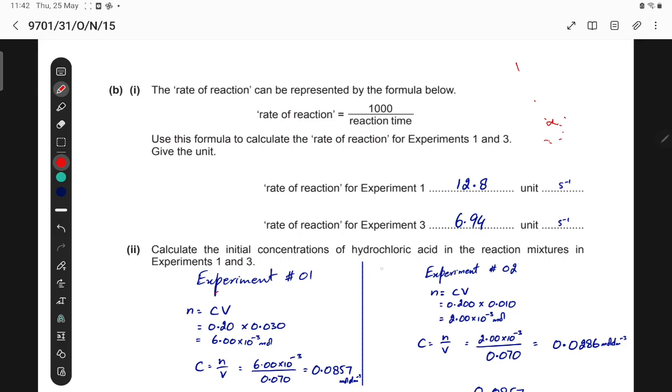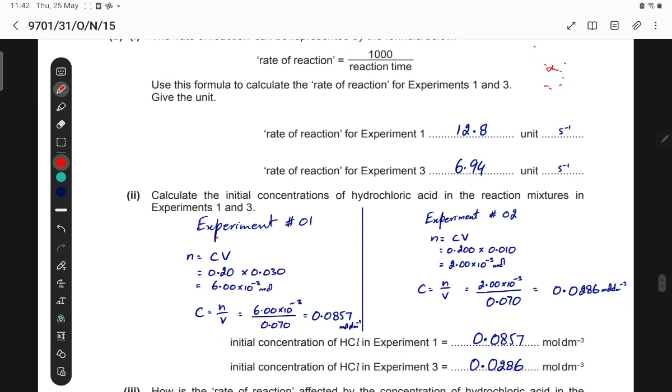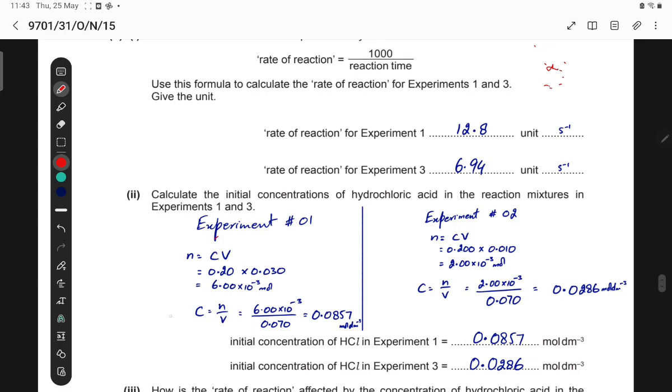Calculate the initial concentration of hydrochloric acid in the reaction mixtures in experiments 1 and 3. In experiment 1, concentration is 0.20 while volume is 30 cm cube. First convert it into dm cube, that is equal to 0.030 dm cube.